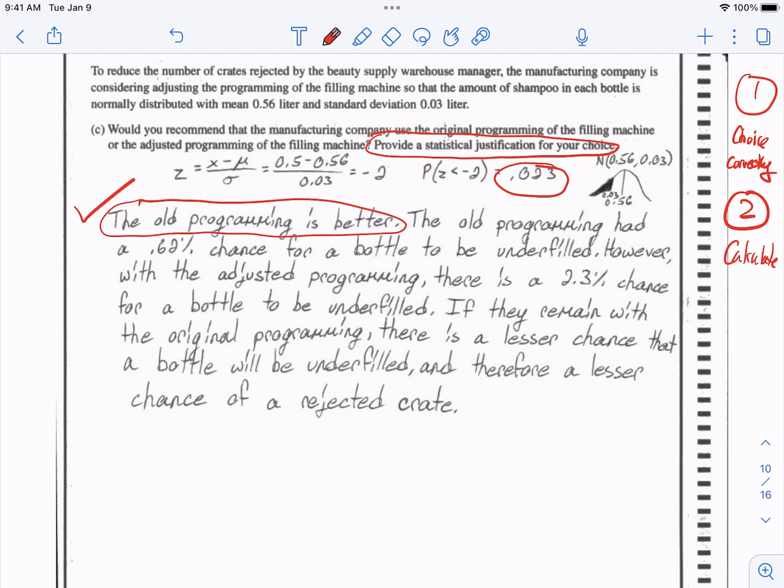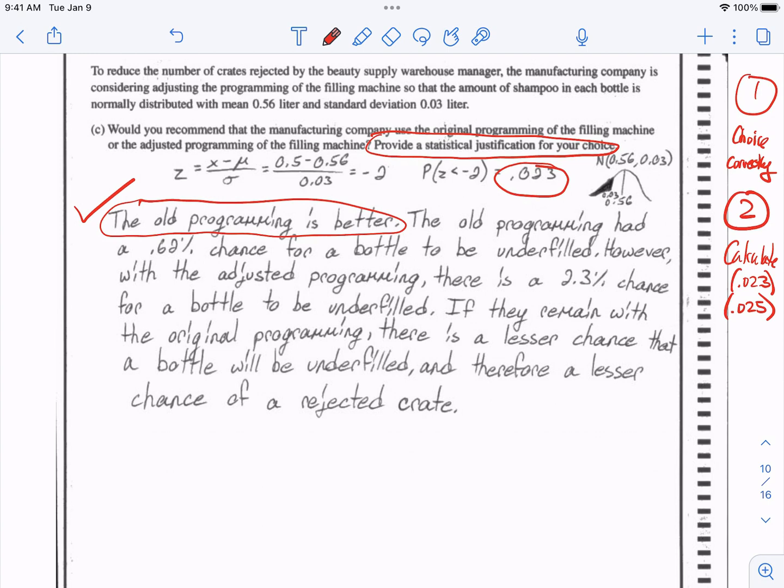You must talk about both of them. You must use comparative language. And so what we would be looking for is, okay, they've got the right calculation, which is 0.023. Or by the way, if they used the empirical rule, they could say 2.5%, because the z-score is -2. So as long as it's 2.3 or 2.5%, that's going to be counted correct.